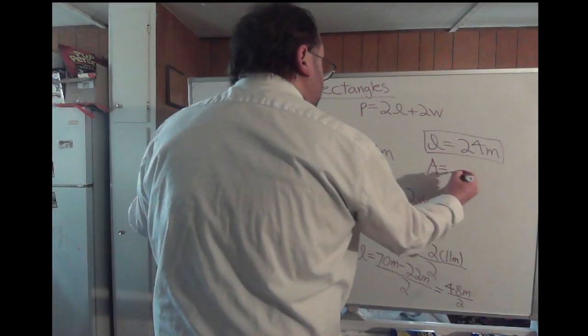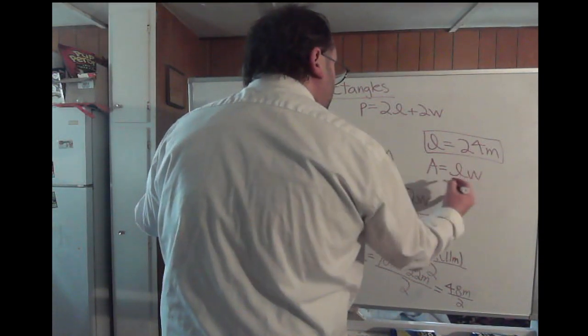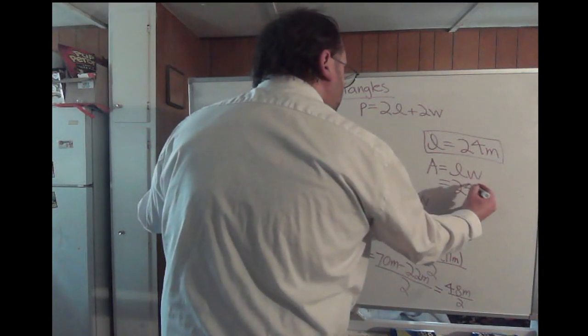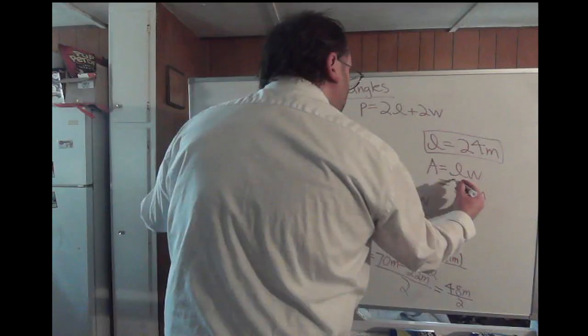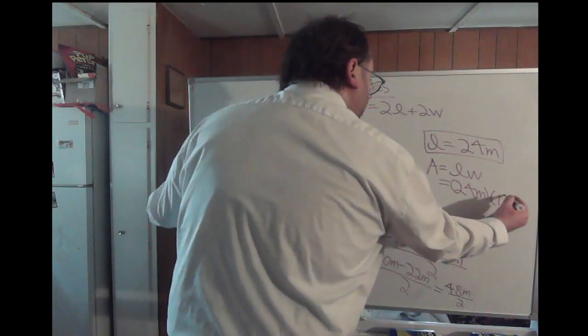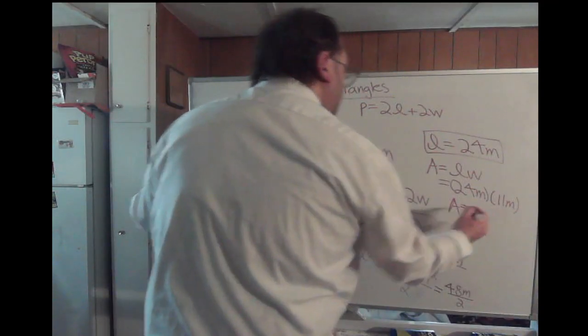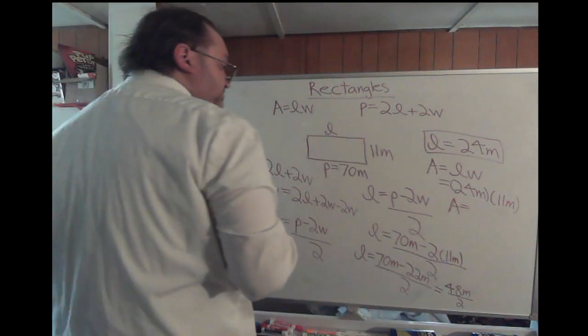The area, again, is equal to the length times the width, which is going to be equal to 24 meters times the width, which was 11 meters. So the area equals 24 times 11.